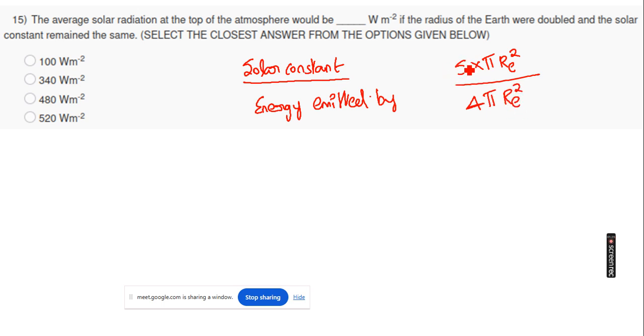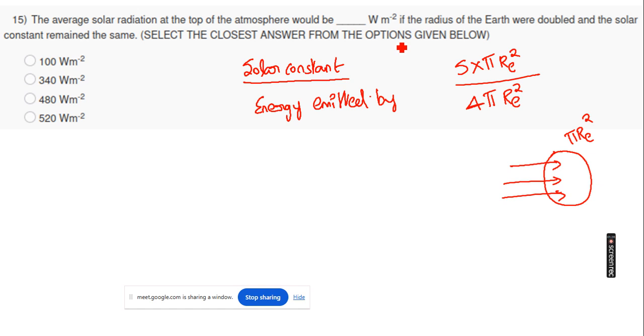So this is what is reaching per unit area. Only a disk with an area of pi Re square is encountered by the solar radiation, and whatever radiation reaches this area is distributed over the whole Earth sphere, which has an area of 4 pi Re square.